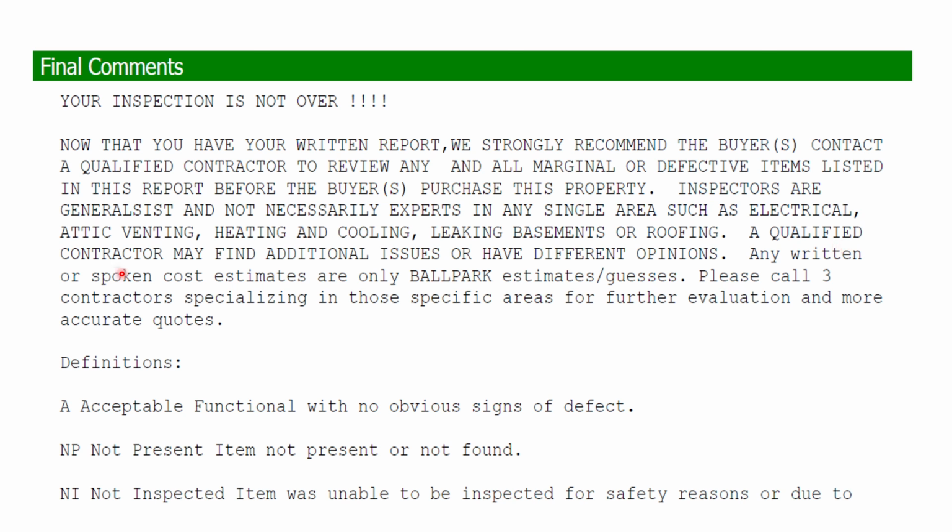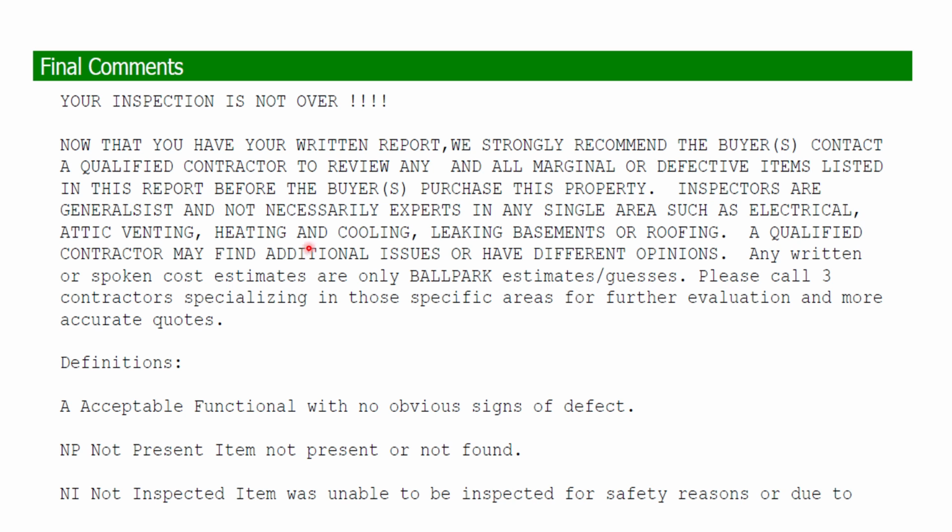A qualified contractor may find additional issues or may have different opinions. Any written or spoken cost estimates are only ballpark estimates or guesses. Please call 3 contractors specializing in that area for further evaluation and more accurate quotes.